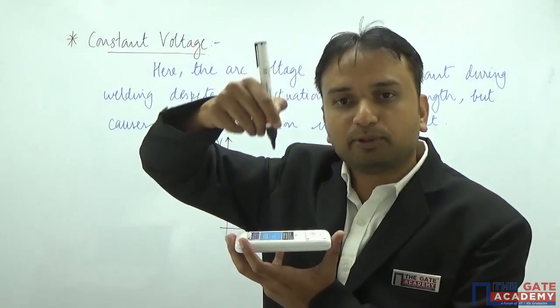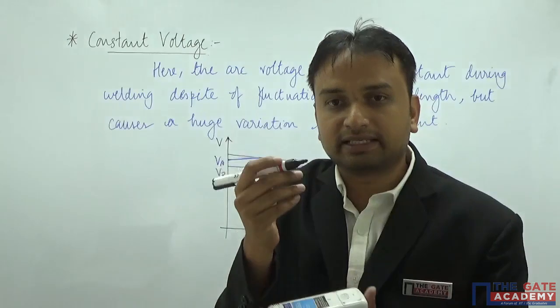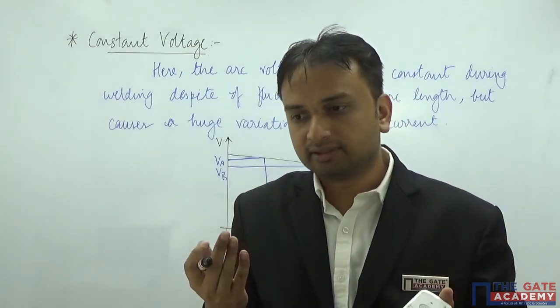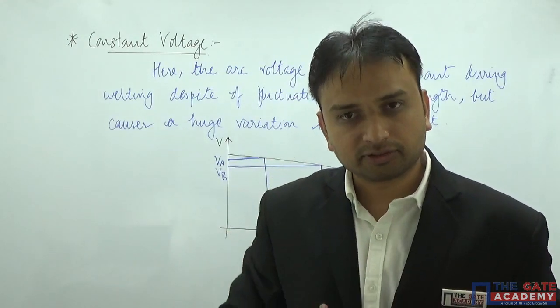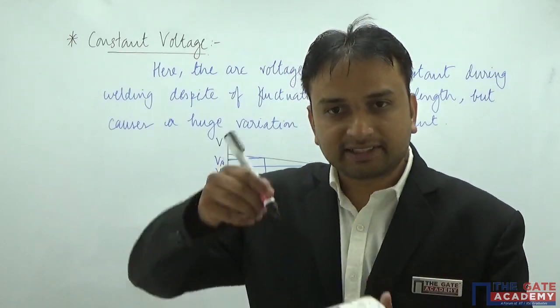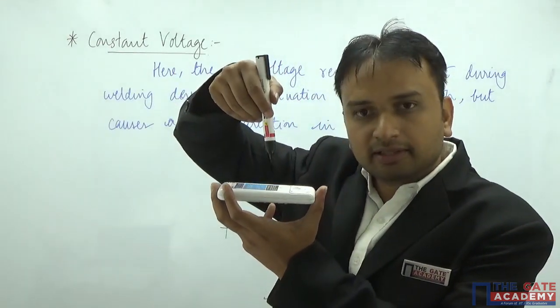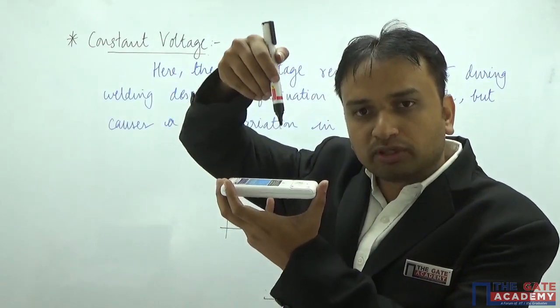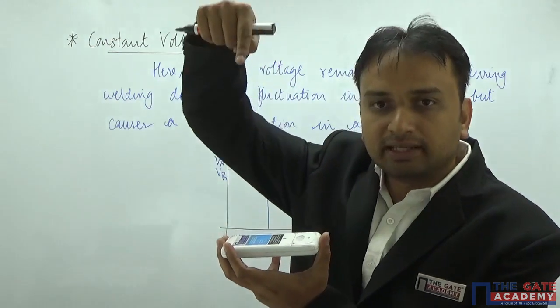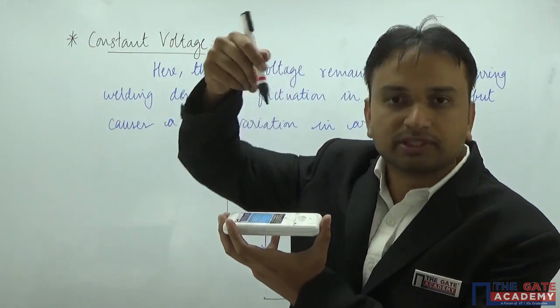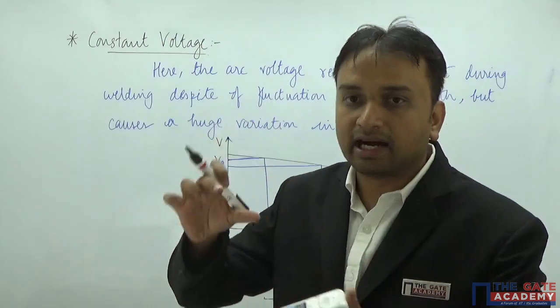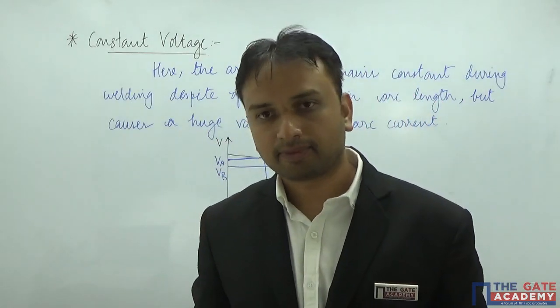Now what will happen to the electrode? The electrode will undergo a lot of heating because of the huge amount of current being passed, and this electrode, which was fed earlier very close to the workpiece, is now going to melt. It will melt, come back to its original size, and the length of the arc will be retained. Getting the point?